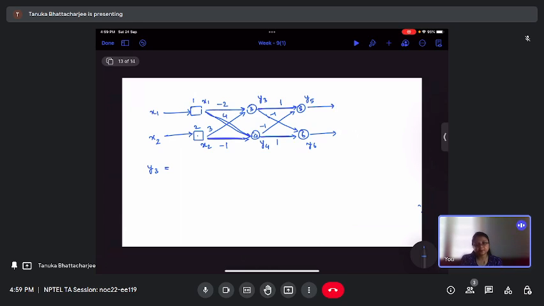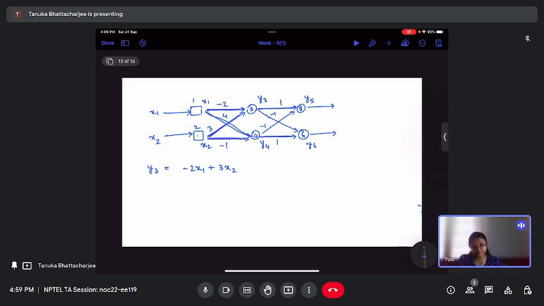So the weighted combination that it will perform, which we denoted by V in the previous example, will be -2x1 plus 3x2. So this weight into this particular input plus this weight into this particular input. That will be the weighted sum computed within node 3.